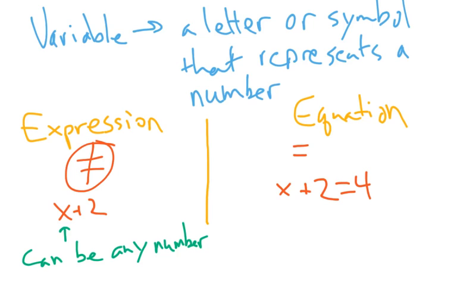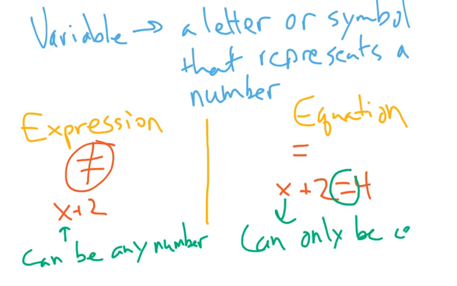But now that we have an equal sign right here, x can only be certain numbers. I put numbers plural with the s in parentheses there because for an equation it can often be only one number, but as you progress to more complicated equations, occasionally you can get multiple answers, and that's something for later down the road.